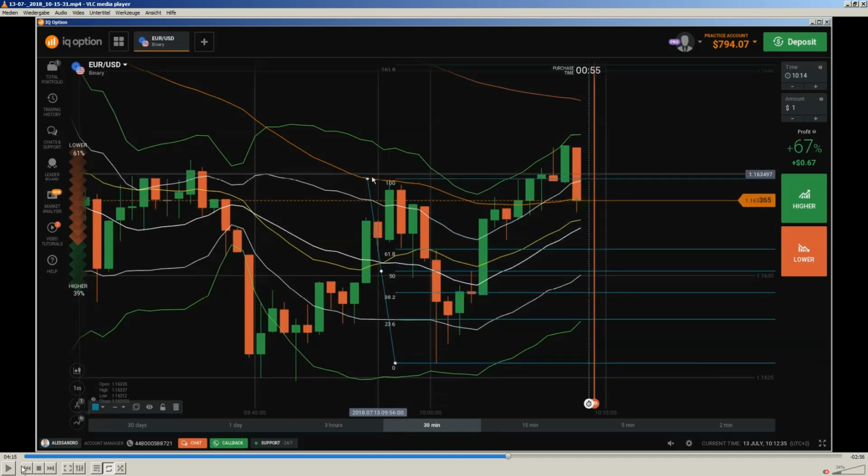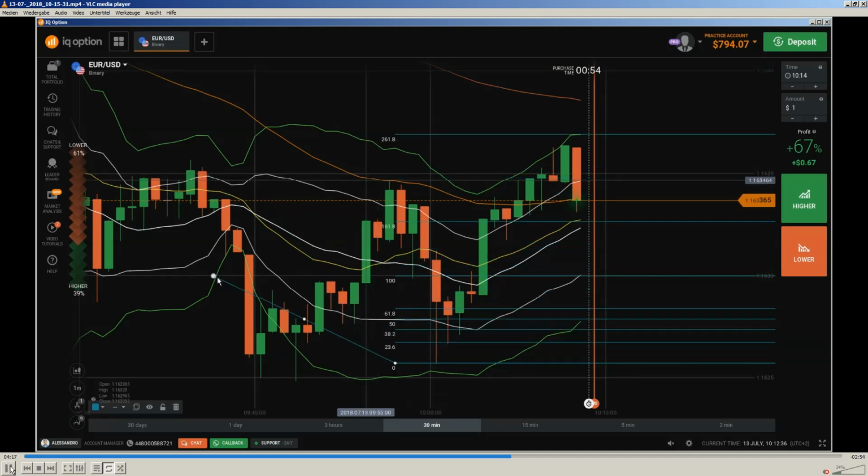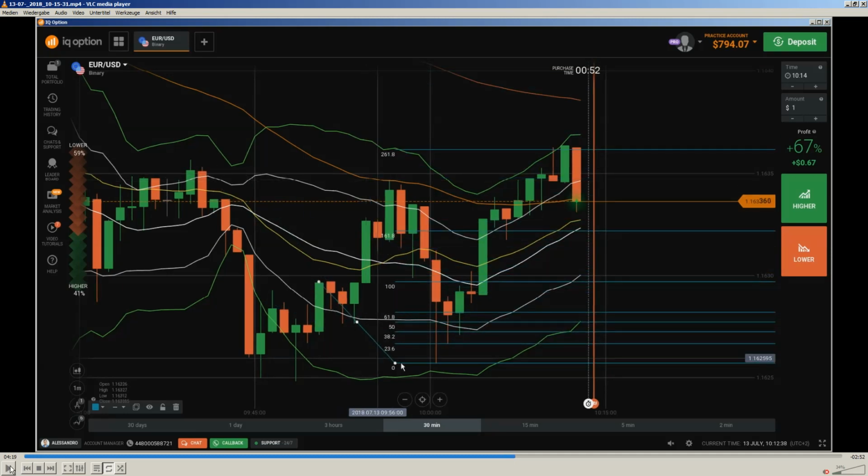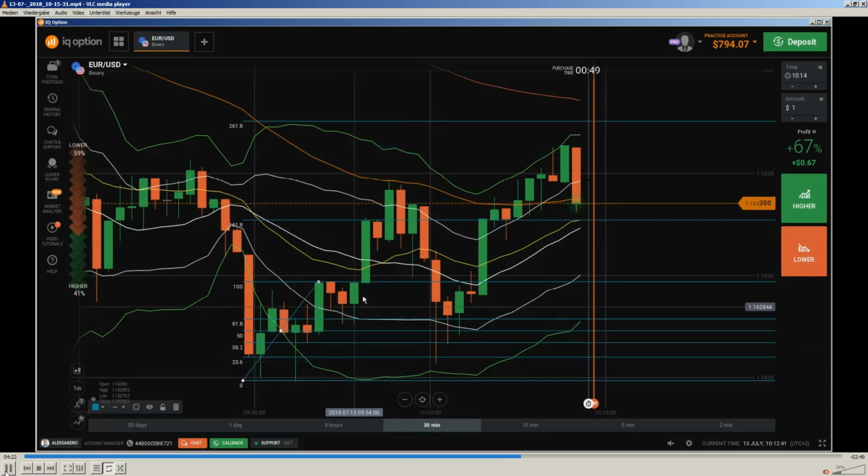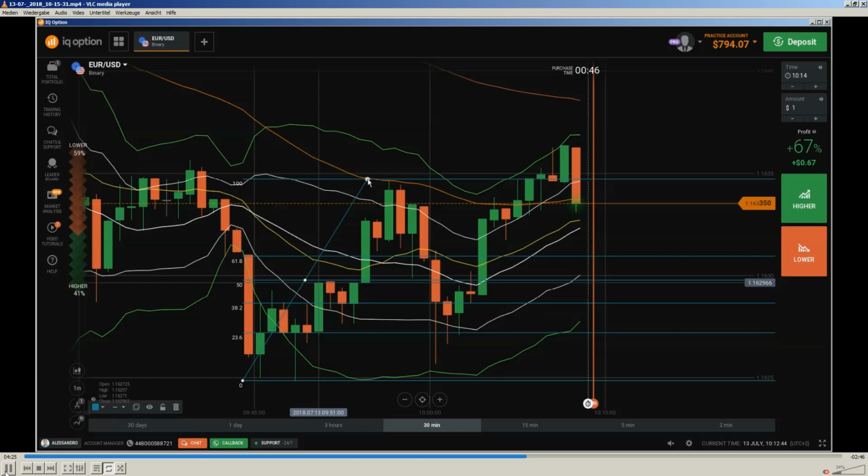So I drew the Fibonacci level, but it was not applied right, so I searched for some other swing to get it fixed. If I draw the Fibonacci level in this manner, I search for this kind of swing, because I saw this nice strong reversal. This swing is nearly the same as this one, and I saw the 261.8 Fibonacci level, but that was not nice either, and then I applied it in this manner.